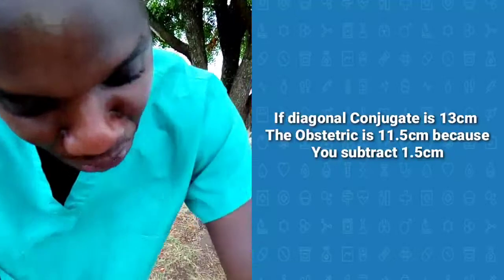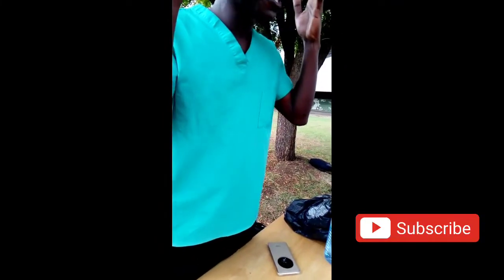So we have 11.5 and this is 9.5. It's adequate. The head can go through. Remember, you're just using the average. It can be that the baby is big and the average is 10. Maybe the baby is more.